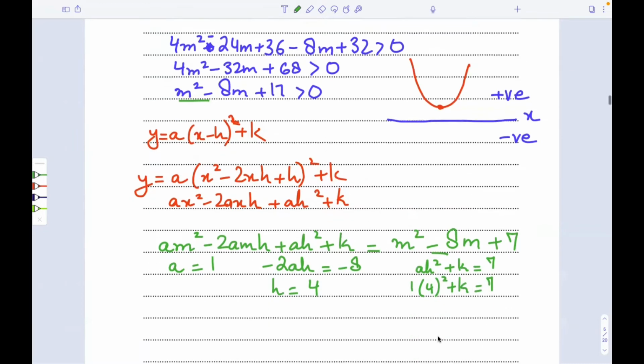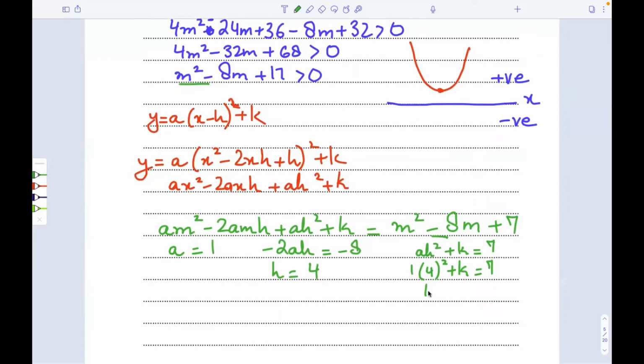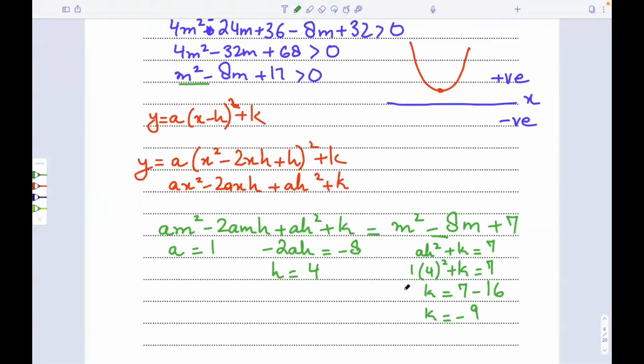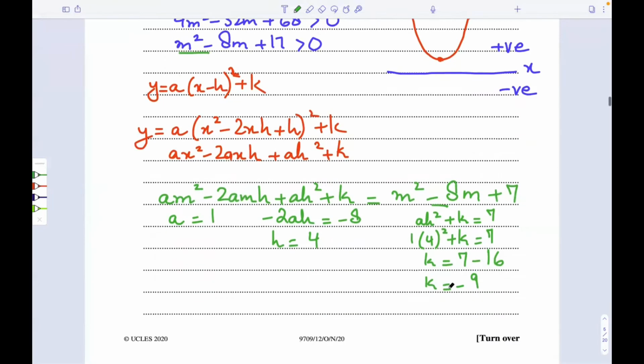So this will become k is equal to 17 minus 16, which would become a positive 1.